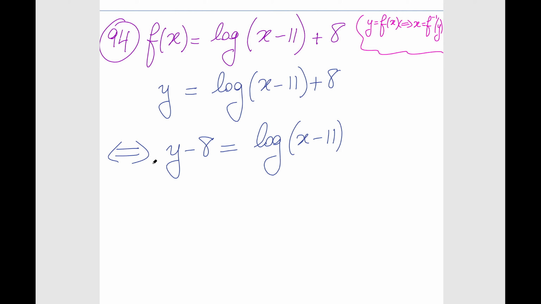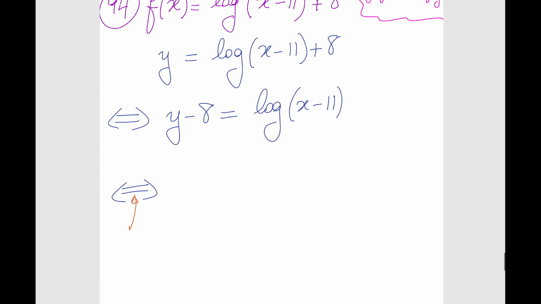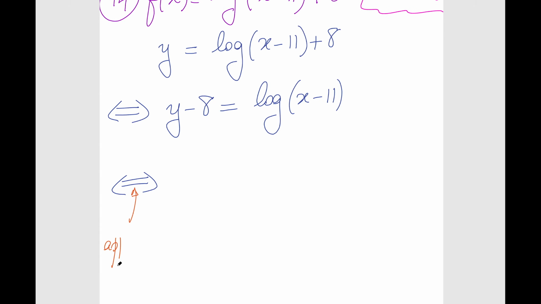What I'm going to choose is to apply the exponential function with base 10 to both sides.